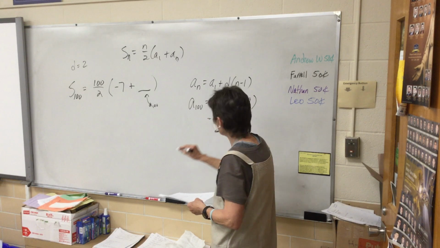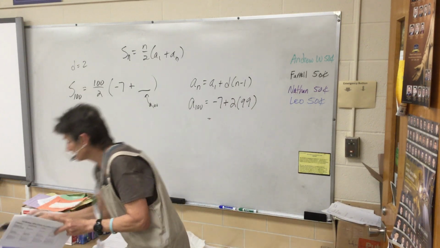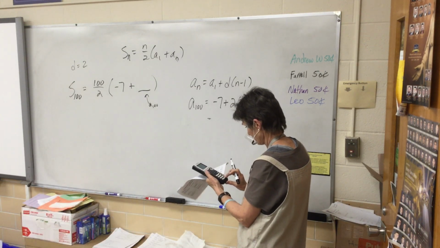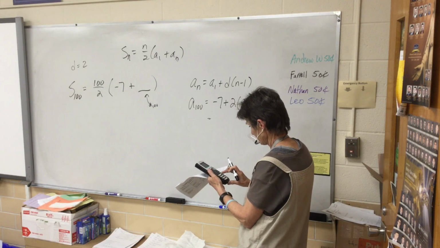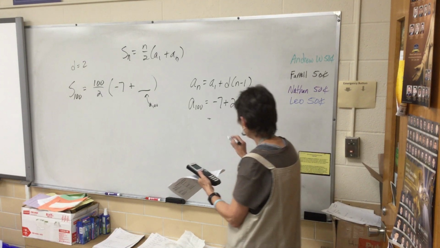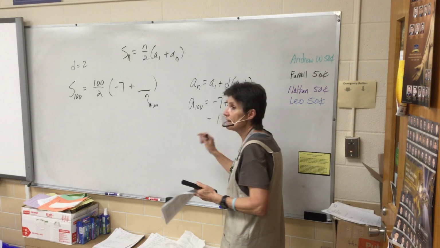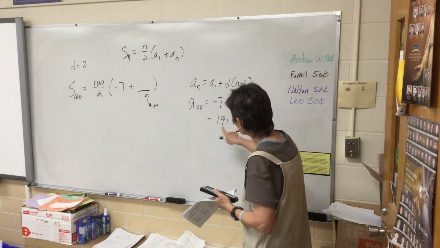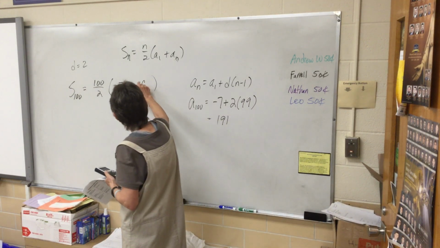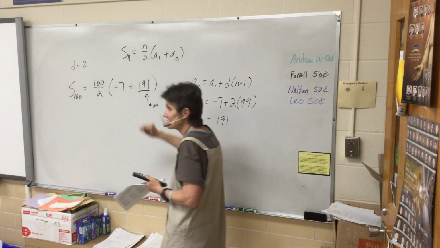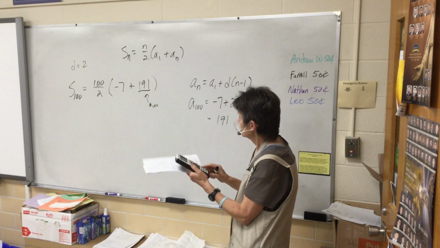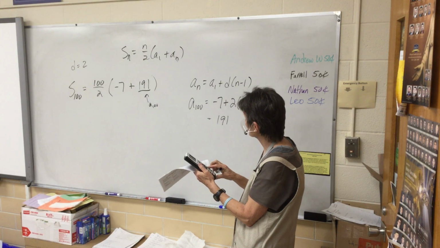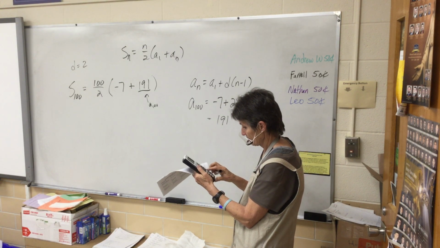So I can figure out what that is. 191. 191 is not the final answer though. 191 is the number that goes right here. That's the number that I was missing. So now I can do it, 50 times 183.